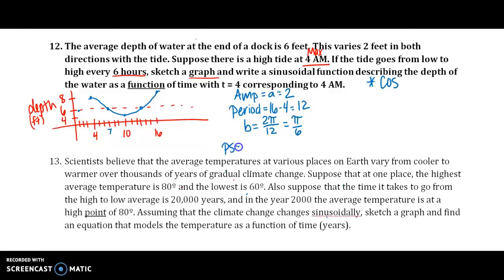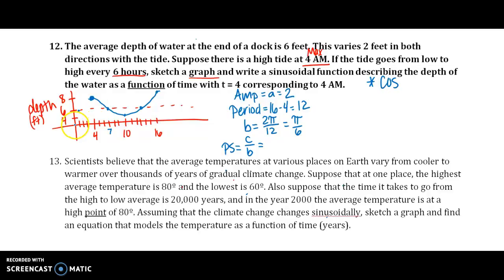Okay. From there, I can figure out the phase shift. So phase shift, remember, is your c over b. And so if we're looking at cosine, we find our max. I would find the one closest to the y-axis in my graph here, staying positive. And so that happens at a time of 4. So the general parent function graph of cosine, we would have this max at 0.